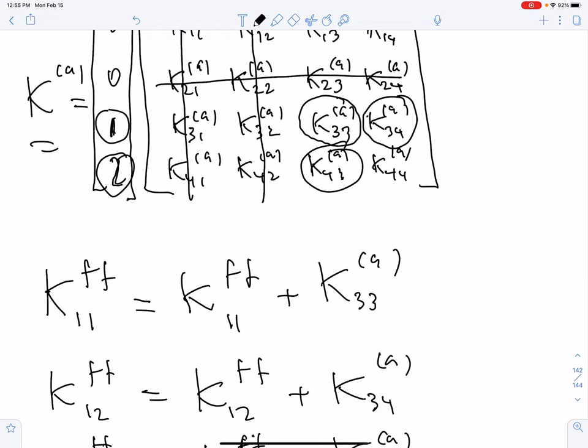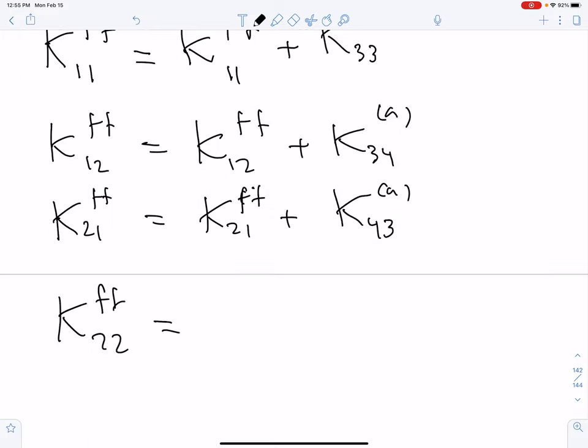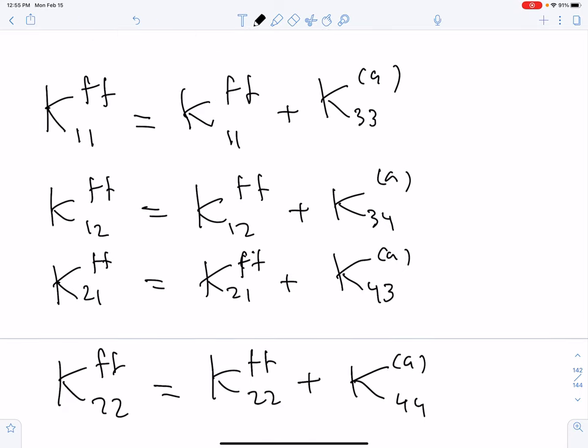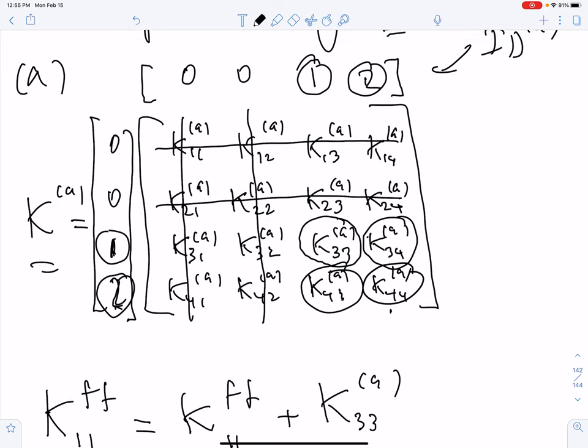You get the pattern. K44 goes into the global 2, 2. So we take KFF 2, 2, whatever value was stored, and we add K44 of A, like this. And you see that this operation is much faster and much less expensive than trying to do the pre-multiplications by ABF. So this is an amazingly efficient shortcut in how to handle things.